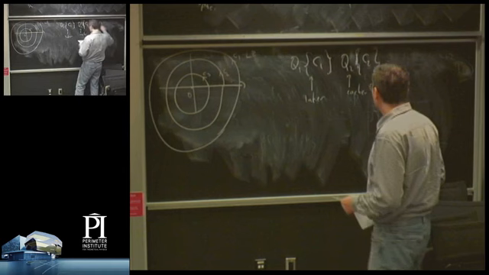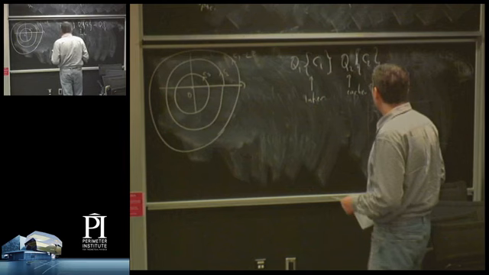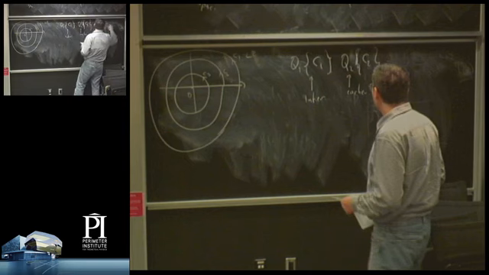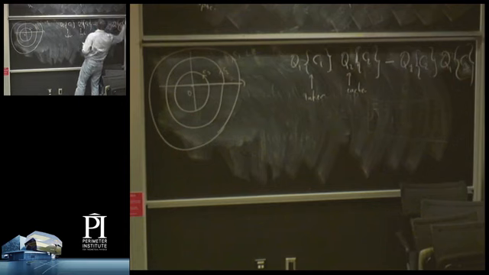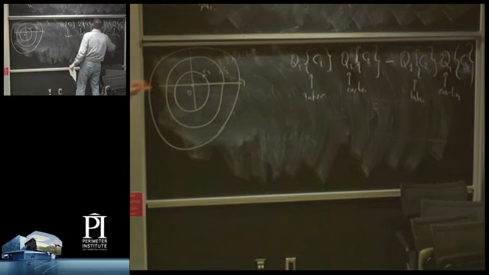So then I have minus Q2 of C2, and Q1 of C3. Again, the first one is the one that goes earlier, and this one goes later.